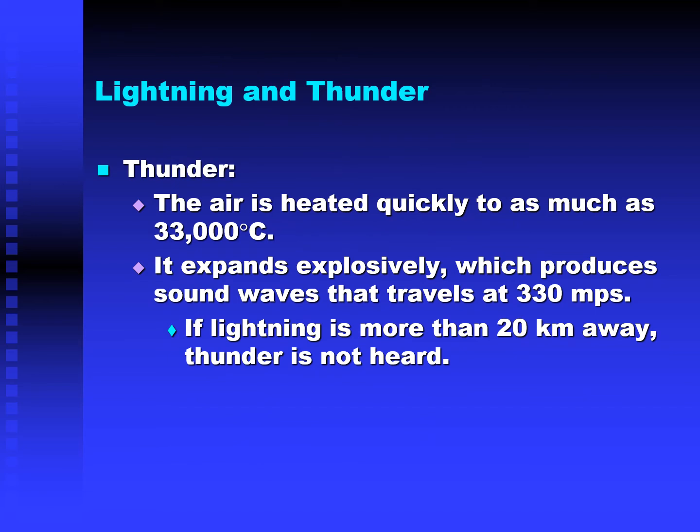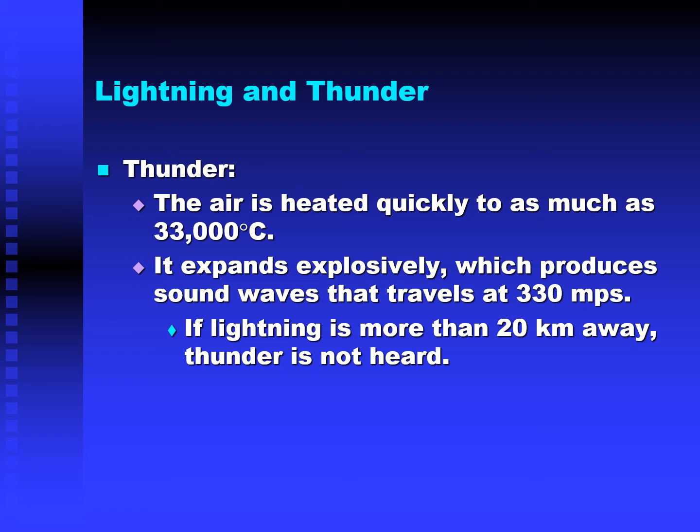So of course, thunder is the sound that we hear, and don't forget what happens first. You see the lightning first, and then you hear the thunder. And of course, light travels a lot faster than sound. Everybody knows what the boom of thunder sounds like, and it's because the air surrounding that lightning stroke is heated quickly and to a very high temperature, as hot as 33,000 degrees Celsius.